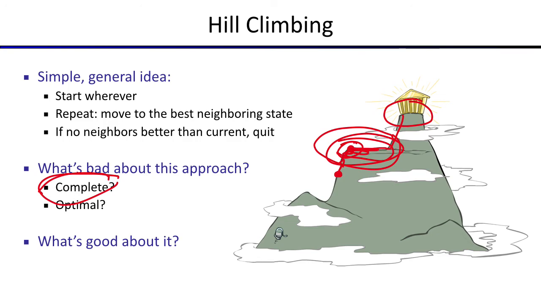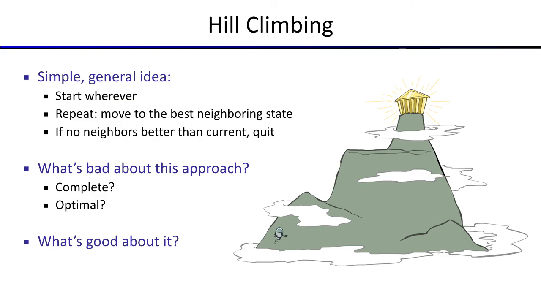But what's good about it? It's easy. That's really the answer. It's effective in practice because a lot of problems that we want to deal with, even if we are having trouble formulating them as complete search problems where we know the entire state space and can deal with them perfectly, you're still going to have environments that might look like the hill looks like this, or maybe something a little bit more like this, where the suboptimal solutions you could find aren't that much worse.